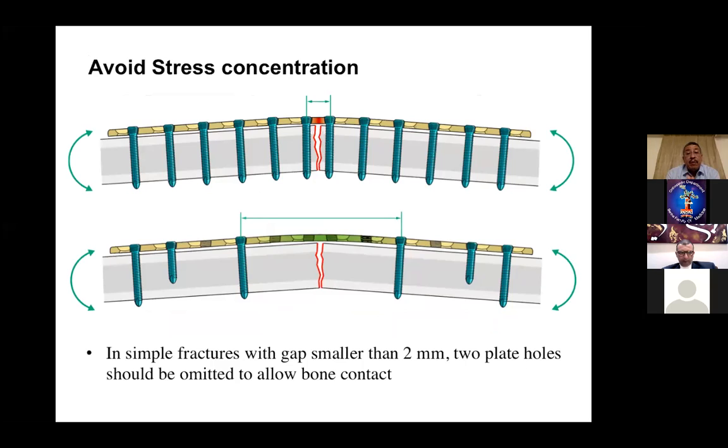And if you have a small gap, you will not allow gap healing because you don't give any flexibility to the construct to allow some movement in the fracture area to help callus formation. So it is recommended to leave at least 2 holes opposite the simple fracture in order to give some flexibility of the construct and to prevent stress concentration and breakage of the plate.